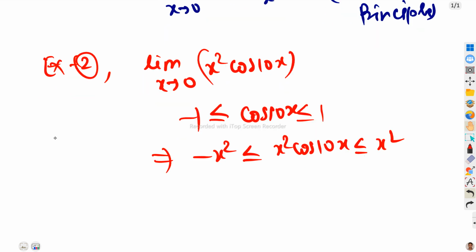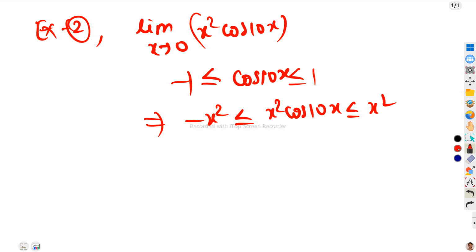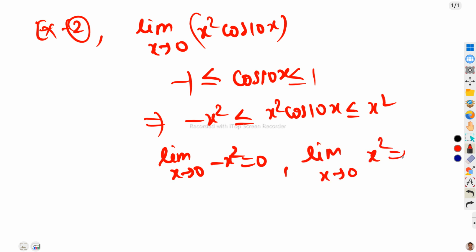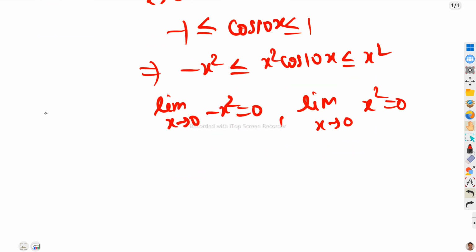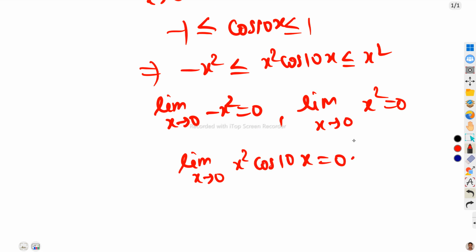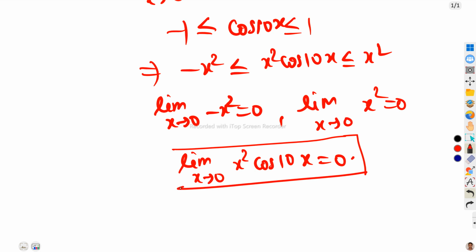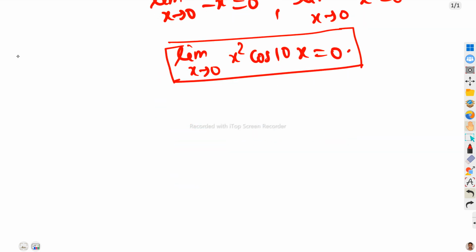Again, the limit as x tends to 0 of minus x square equals 0, and the limit as x tends to 0 of x square equals 0. So the limit as x tends to 0 of x square cos 10x is also 0 by the squeeze principle. Thus we have solved the given example.